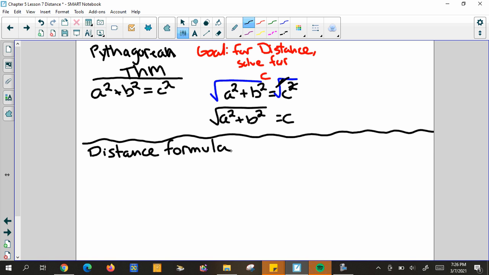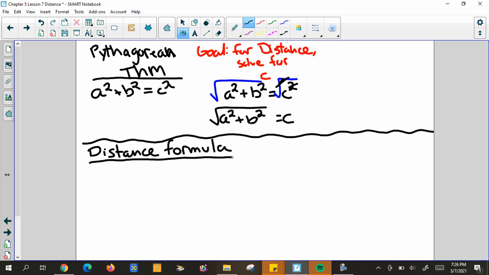And the distance formula is used to tell us how far apart 2 points on a graph are from each other. Because on a graph, most of the time, those points are on a diagonal.